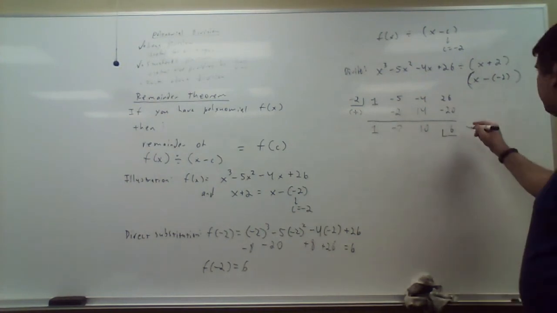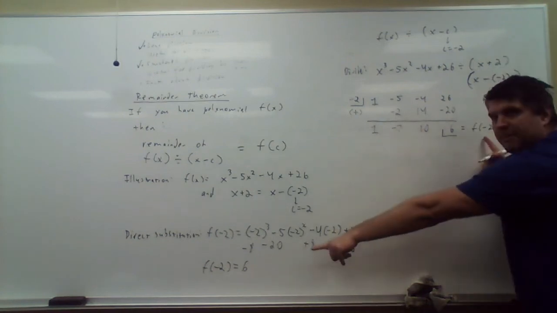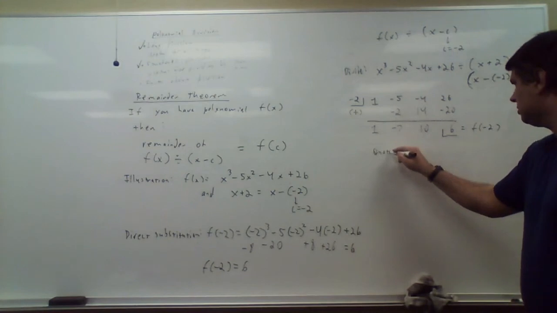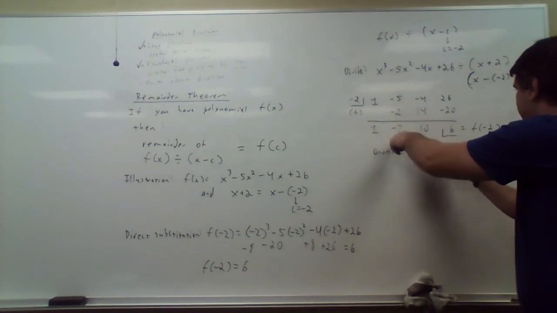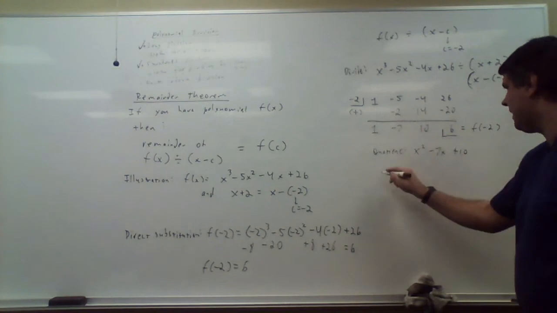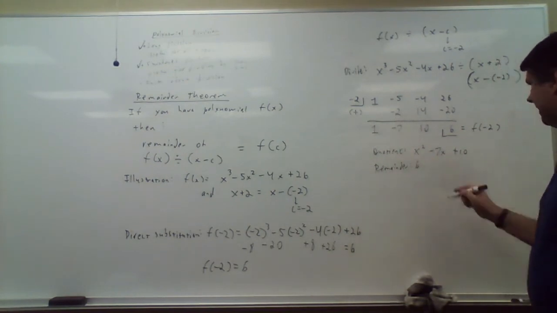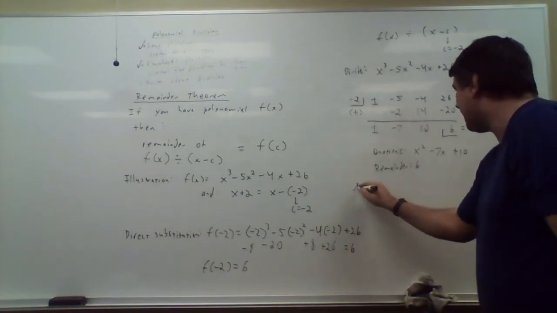Which just happens to be f of negative 2, which we see by direct substitution. So the quotient is x squared minus 7x plus 10, and the remainder is 6.